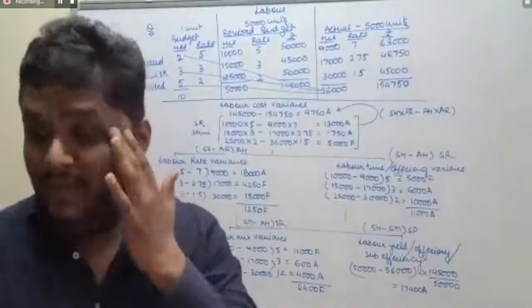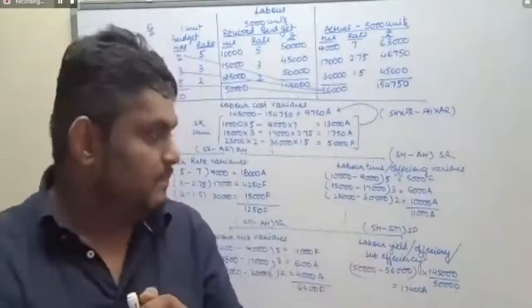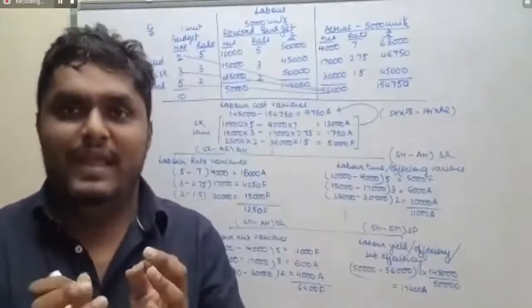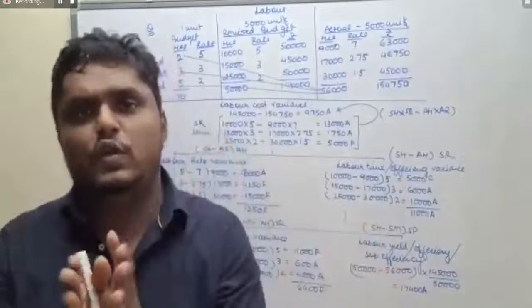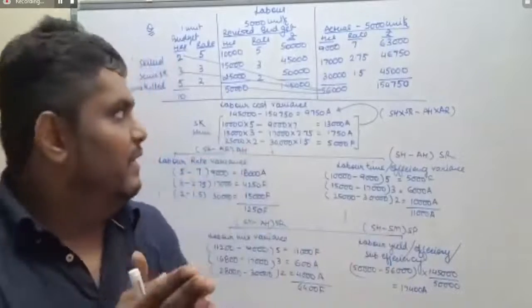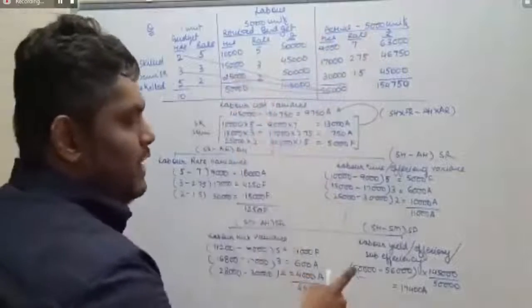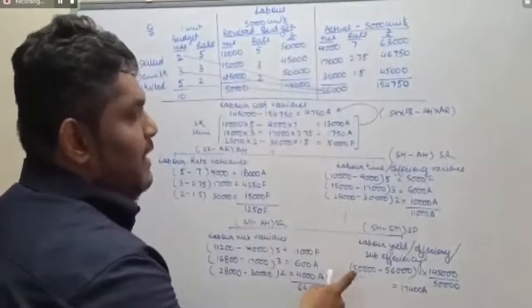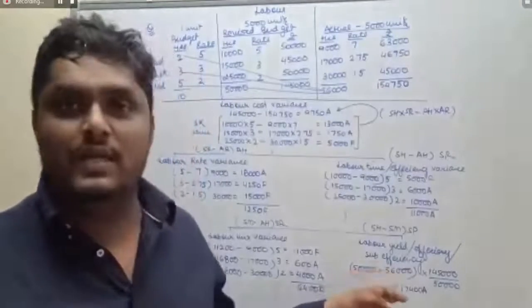Priyanka, sir, please explain yield variance once again. See, Priyanka, it is given in the question, that is labor yield. It is similar to material yield variance, wherein the total hours required for actual production is how much? 50,000 hours. Minus hours actually worked for actual production, 56,000 hours.